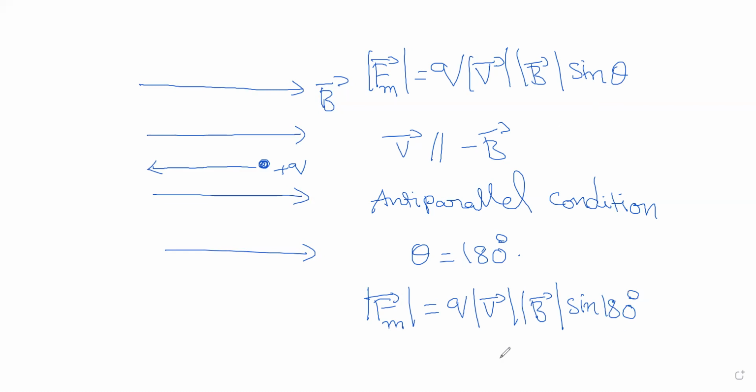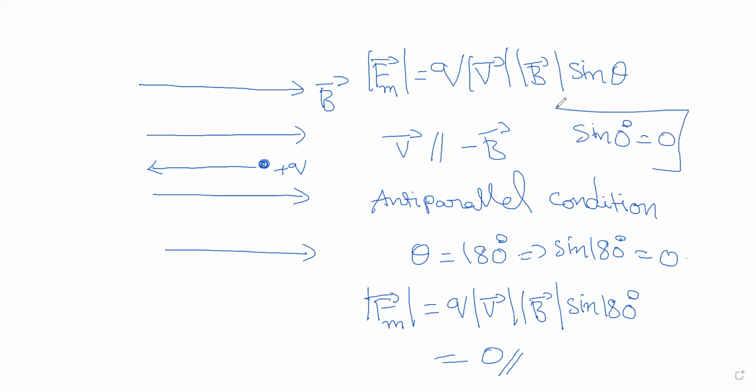Sine 180 is 0, so this entire thing is 0. You have to remember this: sine of 180 degrees is 0, sine 0 is 0. I hope you know these things. These are the conditions you have to remember.